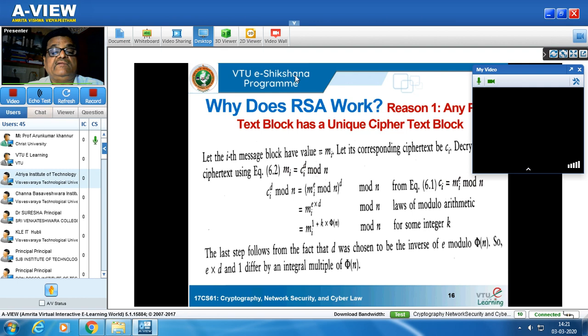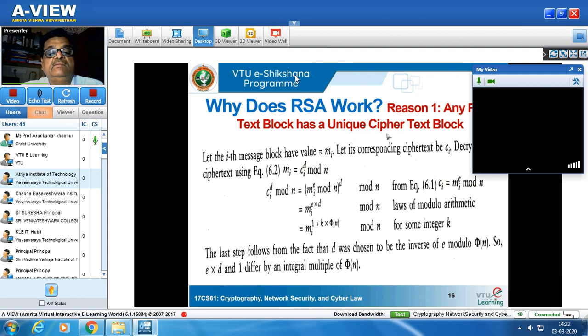Decrypting the ciphertext using 6.2, which says that mi equals the decryption D applied to ci, mod n, should give rise to mi.